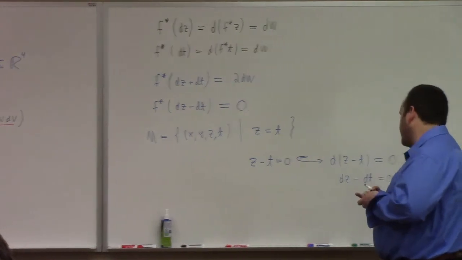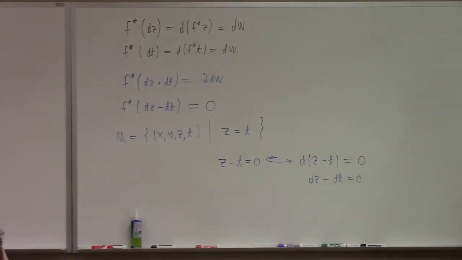On M, so, you know, in 4 dimensions, the differentials dx, dy, dz, dt, these are independent, right? But if you restrict those to this three-dimensional manifold, then there can be a relation between the differentials. There may not be. It depends on the interrelation between the coordinates.